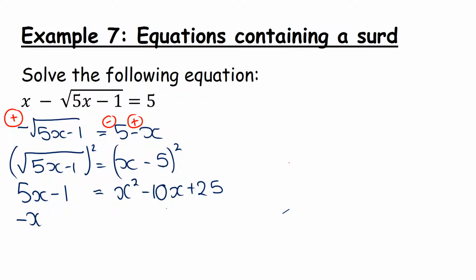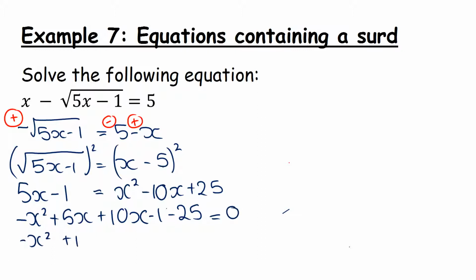So we have a minus x squared plus 5x plus 10x minus 1 minus 25. I'll just clean this up, sorry, so you can actually read what I've written, and that equals 0. So just to clean it up a little bit more, minus x squared plus 15x minus 26 equals 0.